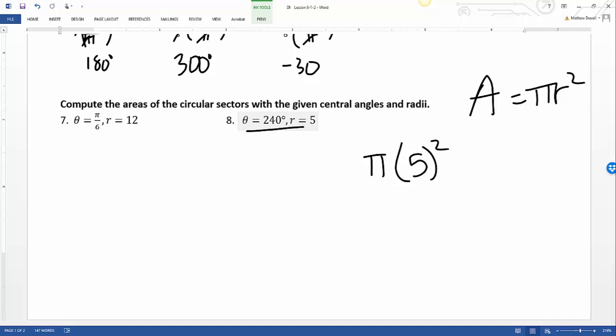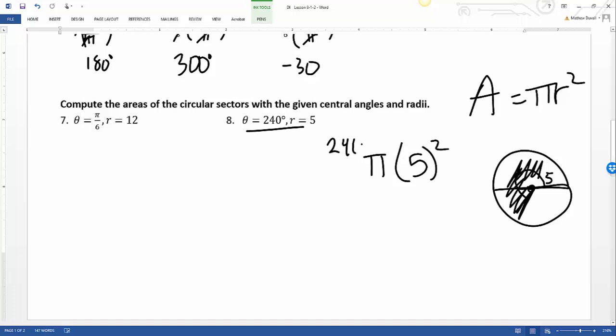But if we think of my circle here, and this is my radius of 5, it only rotated 240 degrees. Now that's proportional. Proportion is a ratio or a fraction. So I only rotated 240 out of my 360 degrees.